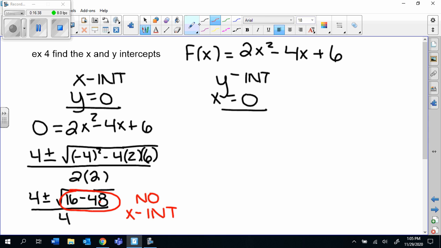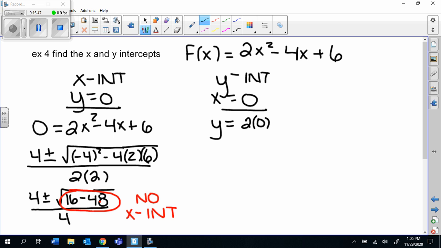And I can graph this one real quick and show you how that's going to look. All right, on this side, we have y equals 2 times 0 squared minus 4 times 0 plus 6. So everything drops out but the 6. So 0, 6 is our answer.